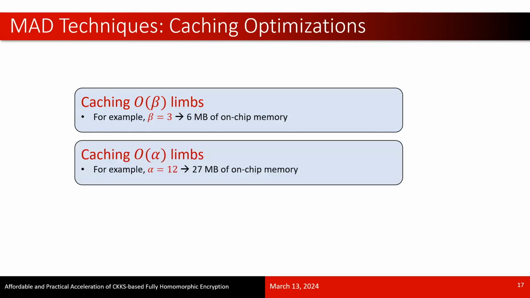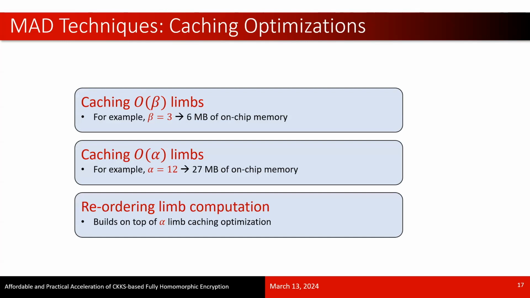Similarly, the caching alpha limb optimization makes use of 27 MB of on-chip memory, enabling further optimizations. In both of these optimizations, alpha and beta have concrete numbers as they correspond to parameters within the key switch operation for the chosen parameter set that we were working with in this work. For different values of these parameters, we will need different sizes of on-chip memory.